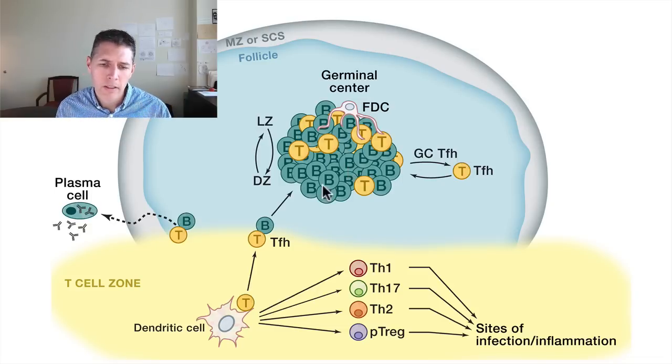Another defining aspect of TFH differentiation related to T-cell B-cell interaction is the requirement of SAP, SLAM-associated protein expression, by CD4 T cells for TFH differentiation. And it's been determined that SAP is required for multiple reasons, but one critical reason is that SAP is necessary to facilitate adhesion between TFH cells and germinal center B cells.